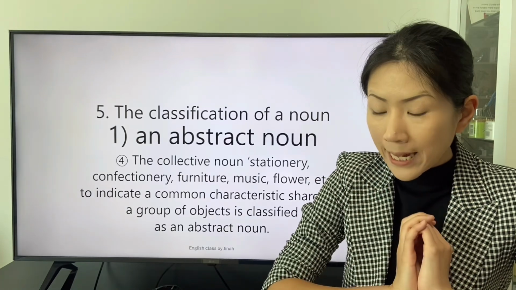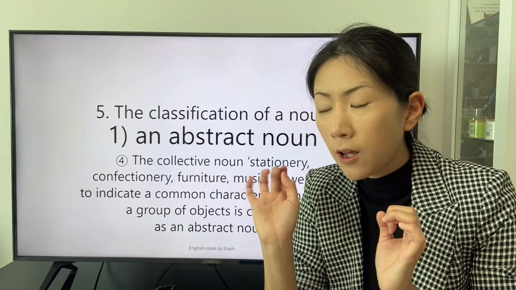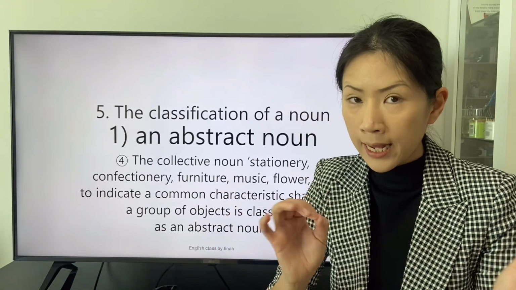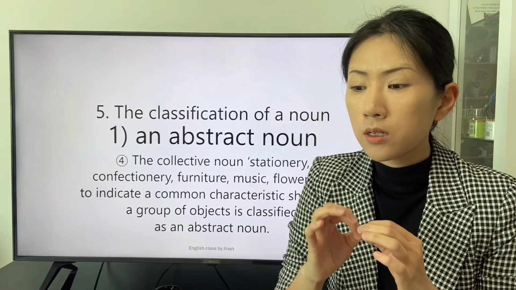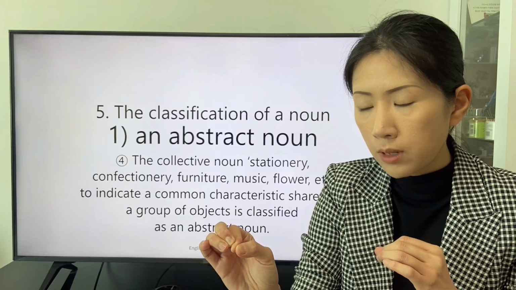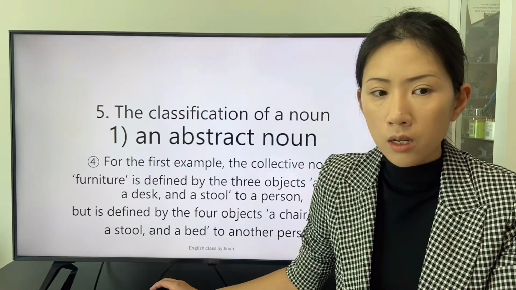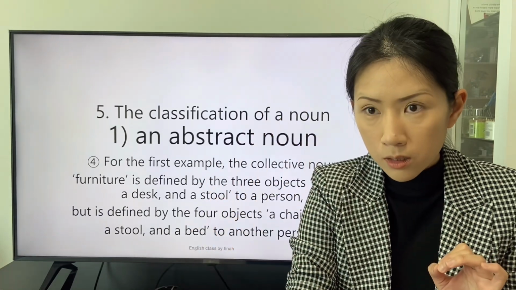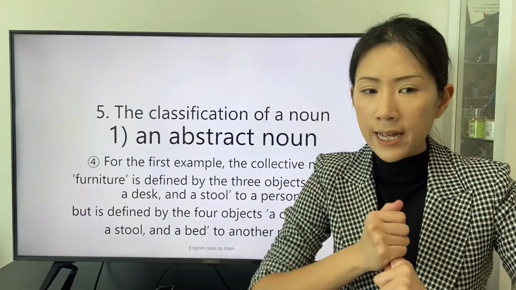So the collective noun indicates the feature which is metaphysical, and each person in a linguistic group defines all collective nouns, like furniture, with their own definition. A person can define the noun furniture with a chair, a desk, and a stool.